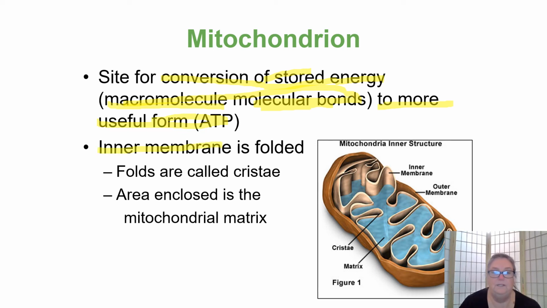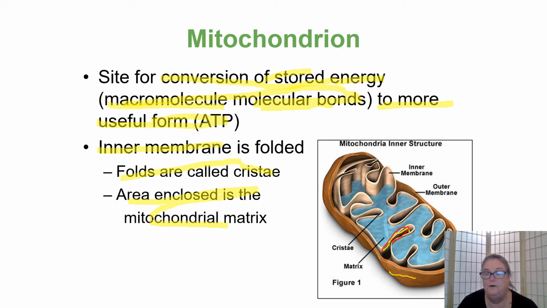The inner membrane is folded, and these folds are called cristae, and the area enclosed is called the mitochondrial matrix. So we've got our outer membrane, and we've got this inner membrane that's folded in on itself, right?